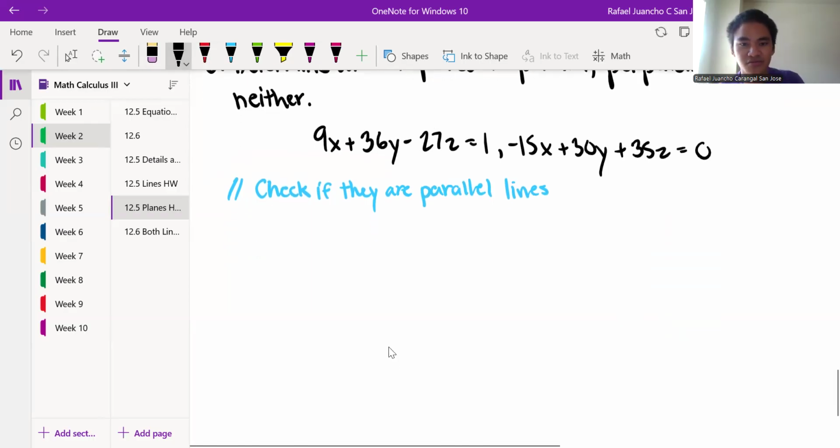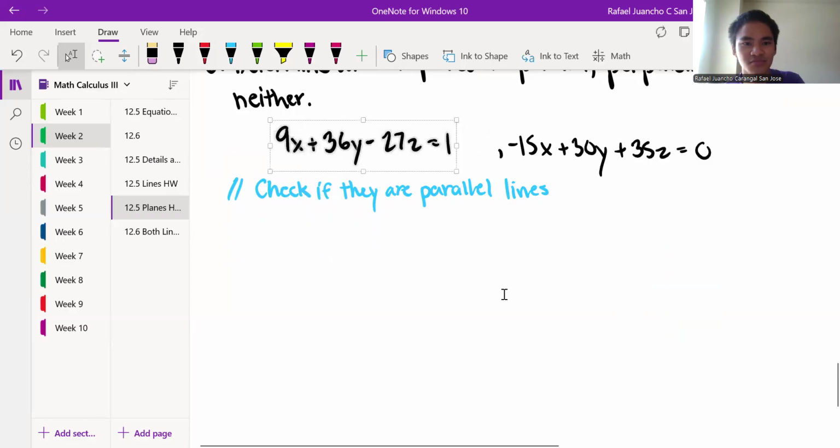Okay, let's check that real quick. This is 9, 36, negative 27. Actually, let's put some names here. I like doing names. Makes it easier. I'm gonna say this is P1, and this is P2.